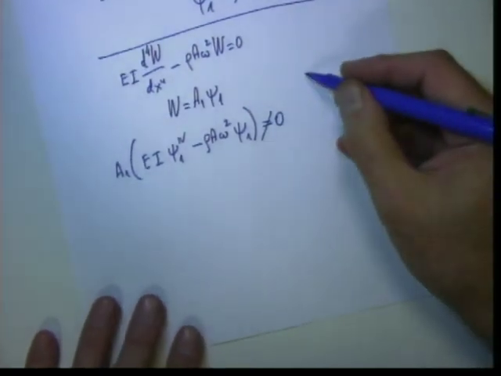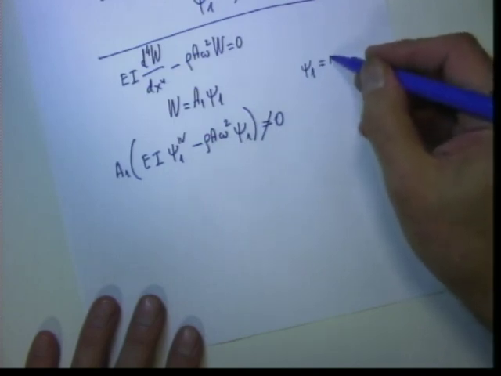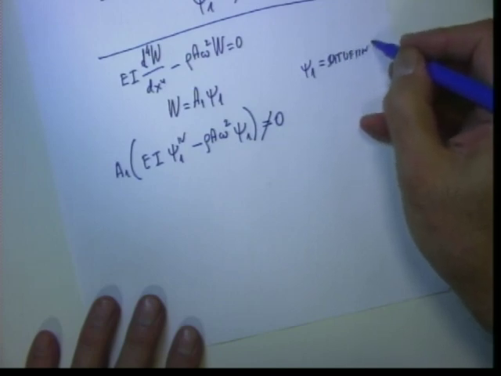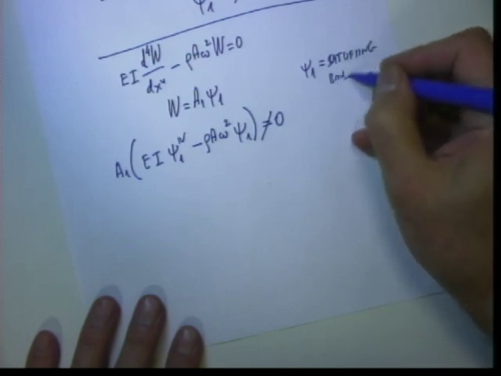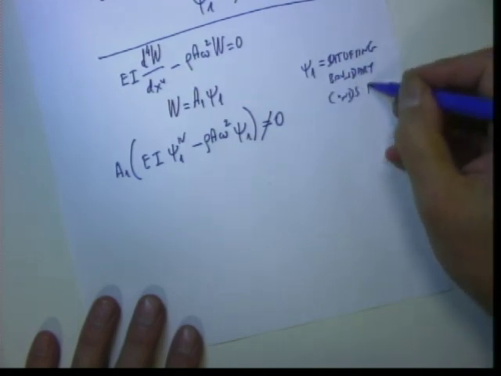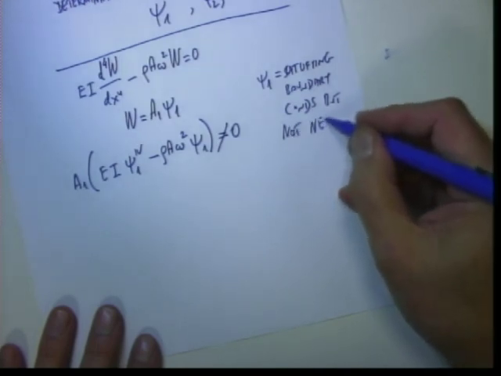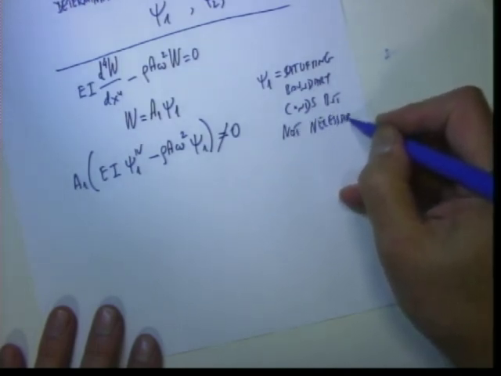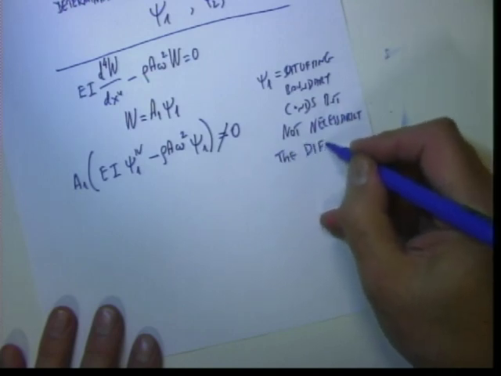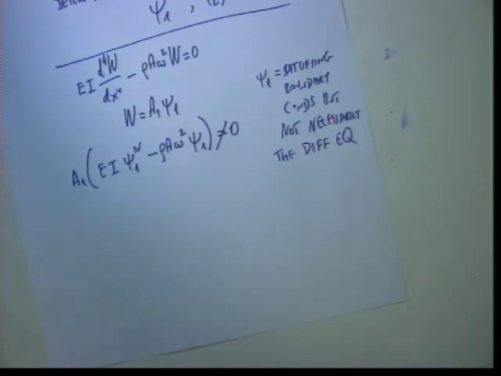Not 0 usually because psi1 is satisfying boundary conditions, but not necessarily the differential equation. Okay?